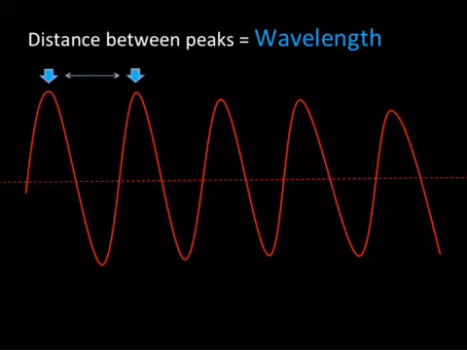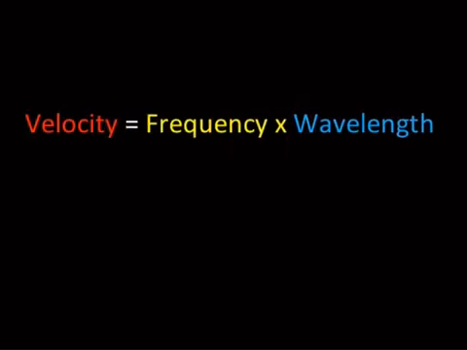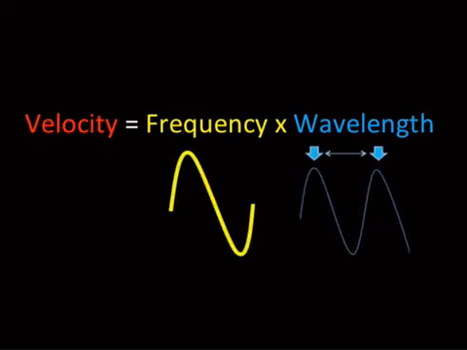And then there's this formula which describes the velocity, which remember is fixed, where frequency times wavelength equals velocity. So because it's fixed, as one goes up, the other must go down. And that's a relationship that's sort of useful for describing the properties.